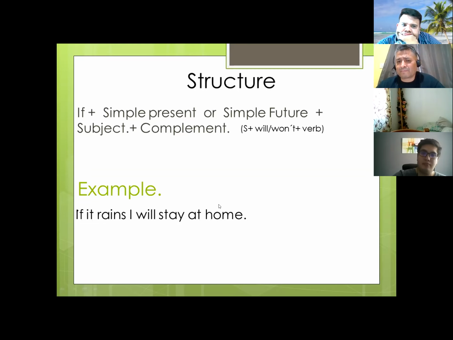Exactly. And if you note, in the simple present you use the verb with s, like in this case, rains, is the infinitive verb in simple present, but you use s when you talk about the third person, and then you use simple future like Tony says, okay?